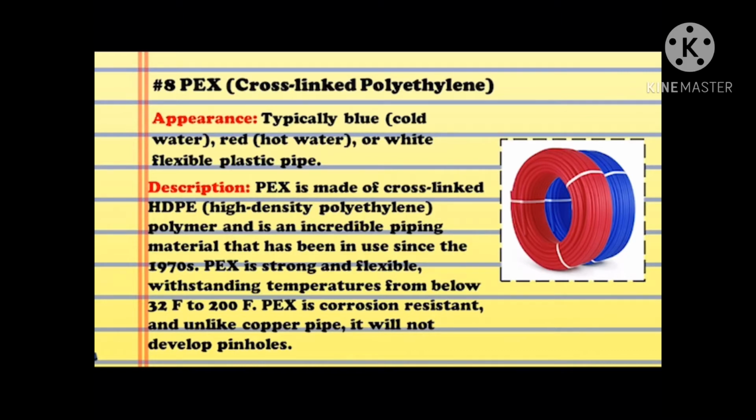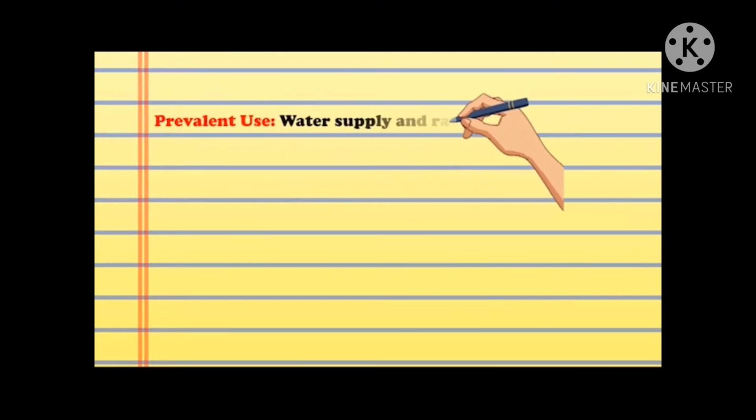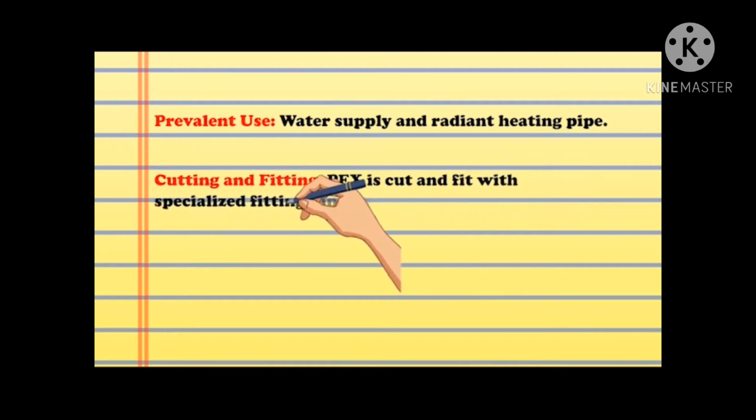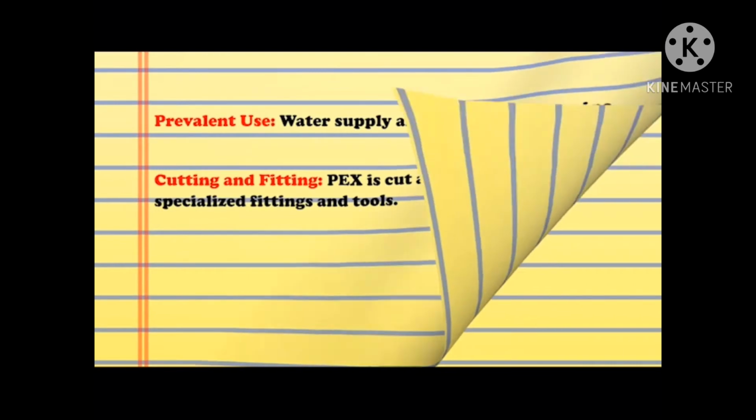PEX is strong and flexible, withstanding temperatures from below 32°F to 200°F. PEX is corrosion resistant, and unlike copper pipe, it will not develop pinholes. Prevalent use: water supply and radiant heating pipe. Cutting and fitting: PEX is cut and fit with specialized fittings and tools.